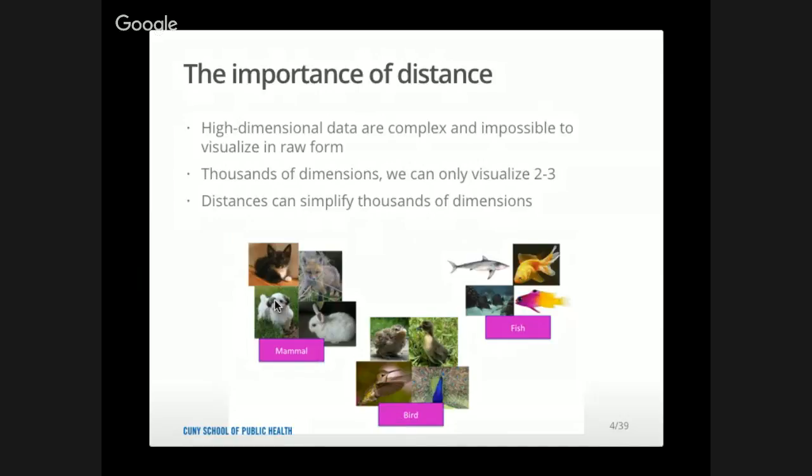So when it comes to classification of species, we use distances to group together similar species. So we have a bunch of mammals here on the left. You know, we have cat, dog, what's this, a fox and a rabbit. We group together birds and fish. So these are very complex animals.